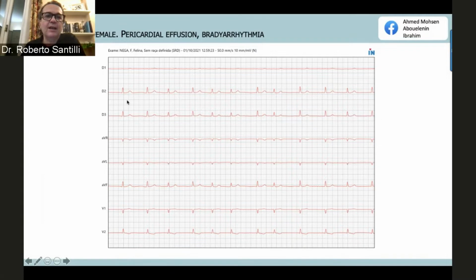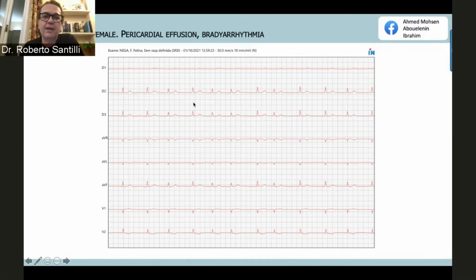So I think the underlying rhythm is an atrial fibrillation, and I agree that for a cat it's probably below 160, so it's bradycardic. So I think it's an atrial fibrillation with a slow ventricular response, and I think we can diagnose the presence of a Brody effect.